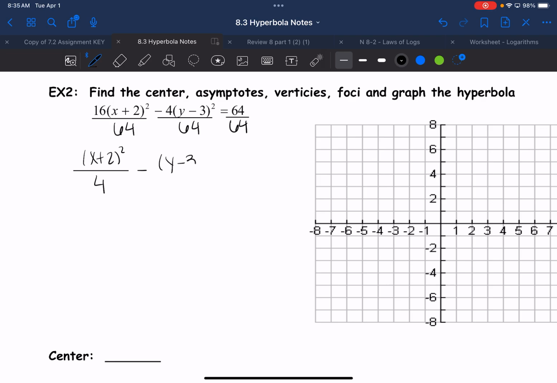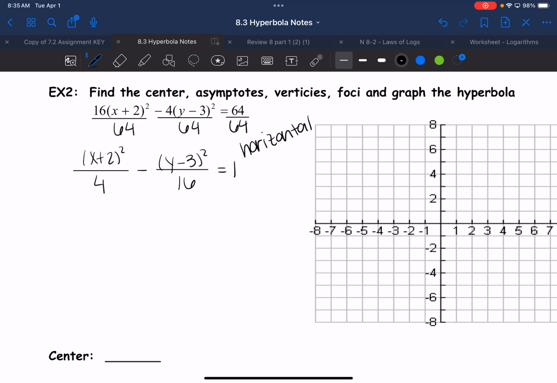So y minus 3 quantity squared over 16 equals 1. All right, so now this time my first term has x in the top, right? So that means this one is going to run horizontal, yes, on our x-axis.